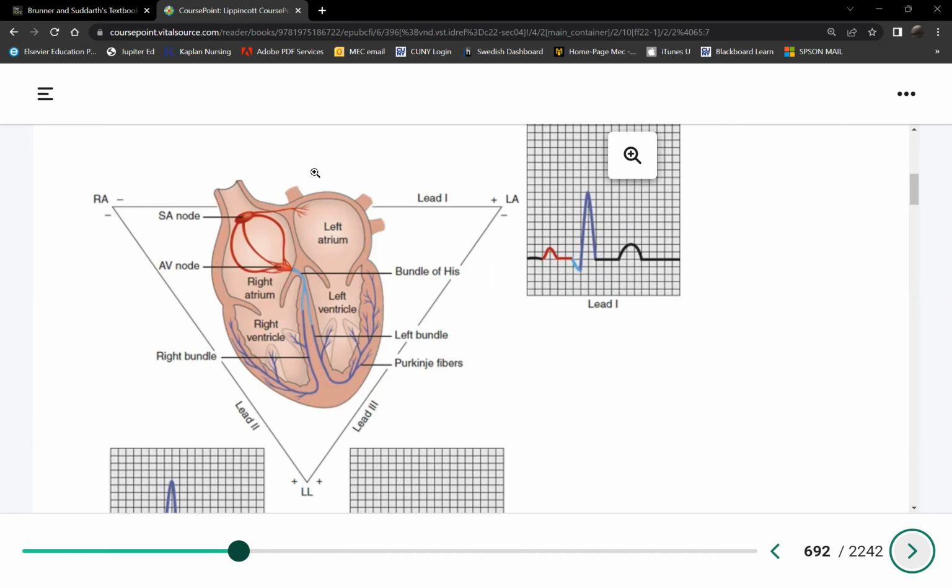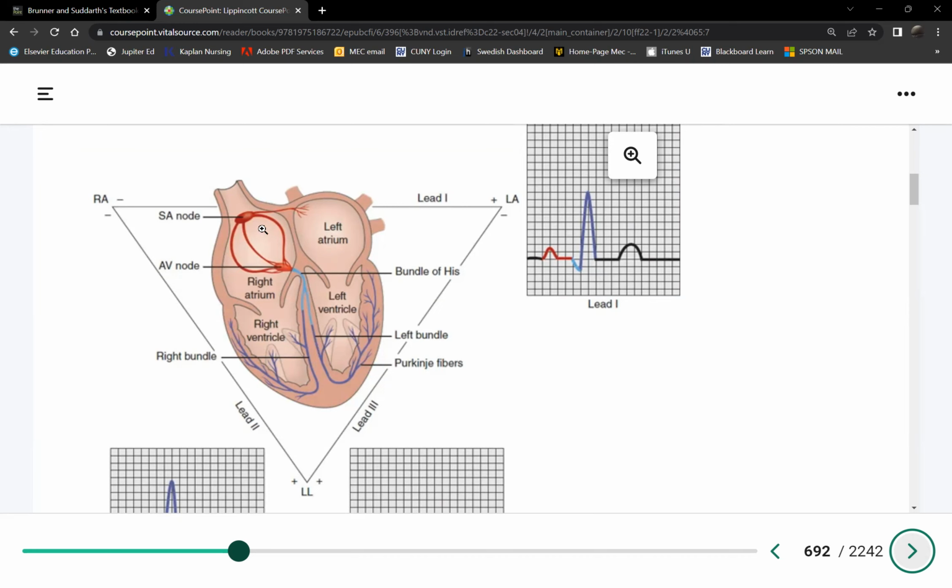Lead 2. So this is lead 1 up here. Lead 2 is on my right. Lead 3 is on my left. All right. So therefore, which lead again is parallel to that electrical conduction pathway? Lead 2.